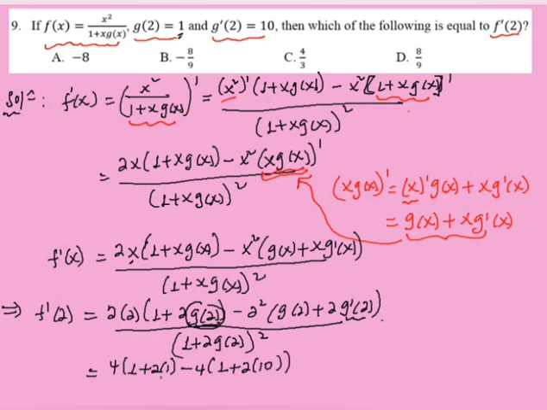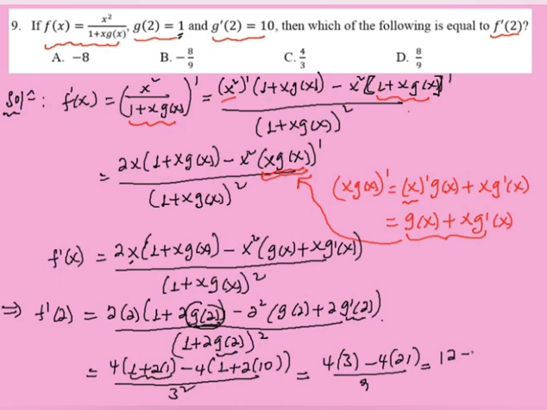This is over 3 square, because g of 2 is 1, 2 times 1 is 2, 2 plus 1 is 3. So this becomes 4 into 3, minus 4 times 21, over 9.